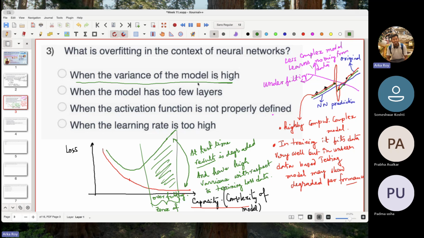When the model has too few layers. Now, why did I first discuss this particular plot? It is because option 2 says the model has too few layers. If you have few layers, that means the model is less complex.